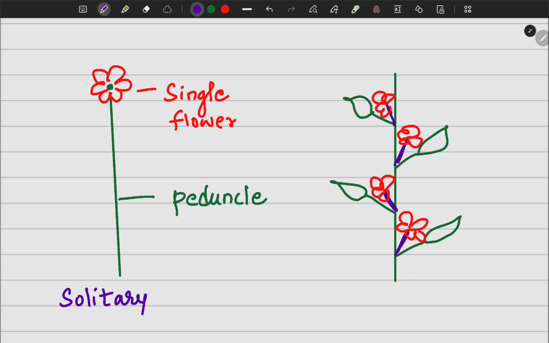So if the flowers are developed at the axil of the leaf, this is called axillary. I hope solitary and axillary is clear.